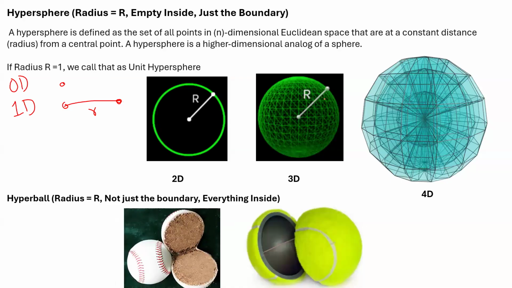And when you go to three dimensions, it forms a sphere, right? What is a sphere? Equal distance from the radius. If you take the floor, that forms a circle on the floor.